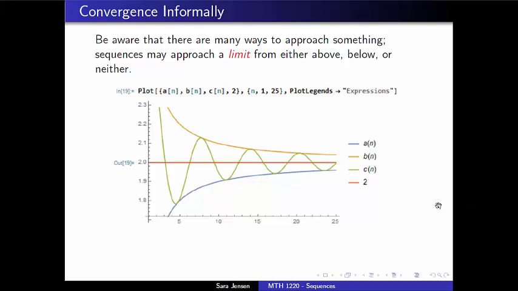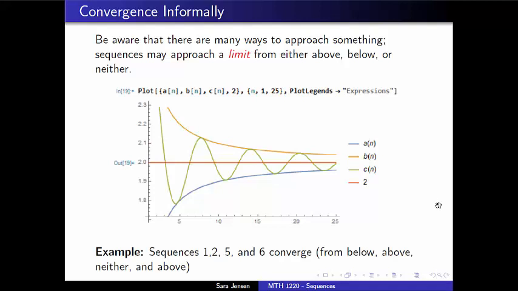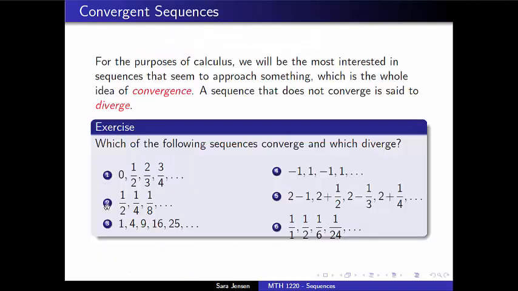And yes, we have seen examples of each of these types of behavior from the previous slide. So 4 of the sequences on this previous slide converge, 2 of them do not. The convergent sequences were sequences 1, 2, 5, and 6. So let me take you back there for a moment. 1, 2, 5, and 6 are your convergent sequences.